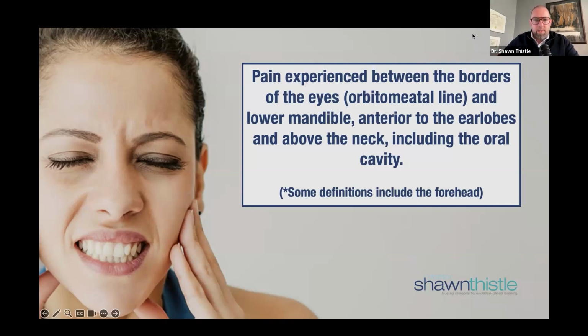I'll use those interchangeably as we go today, but it's defined as pain experienced between the borders of the eyes or the orbital meatal line and the lower mandible, in front of the earlobes and above the neck, including the oral cavity. Depending on where you look, some of these definitions also include the forehead, which, as you can imagine, starts to lump in some headache conditions that we'll touch on as we go today. But that's generally a broad definition.